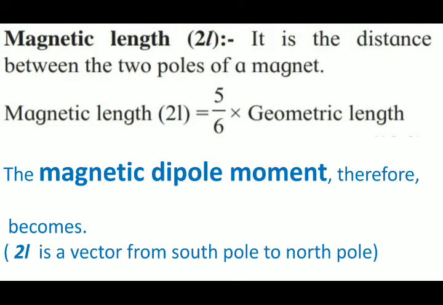So the magnetic dipole moment therefore is vector of m is equal to q dot 2l. Now what is 2l? Yes, it is nothing but magnetic length. As you can see the magnetic length, so 2l is magnetic length. What is q and why is it labeled as m?